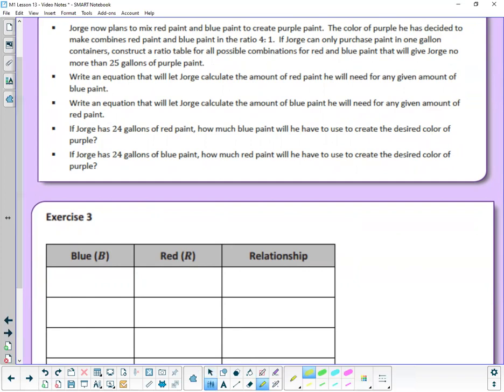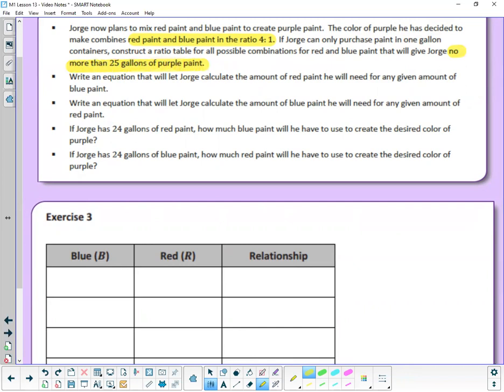There's an awful lot of writing here. Make sure we see that. It says if Jorge can only purchase paint in 1 gallon containers, construct a ratio table for all possible combinations of red and blue paint that will give Jorge no more than 25 gallons of purple paint.